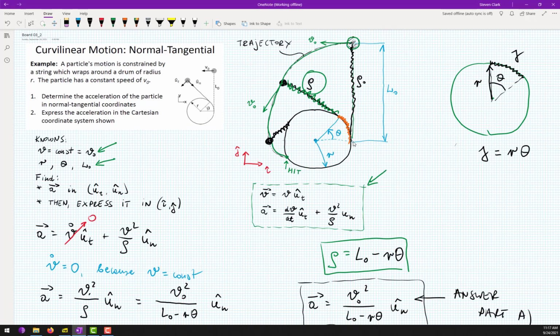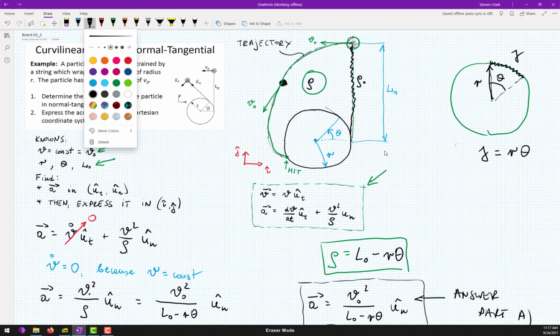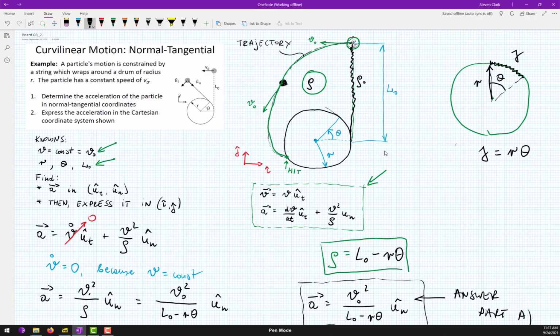Is it Trevor? Why are you measuring rho from the bottom of the length where it's attached to the barrel instead of the center of the circle? Why? The easiest answer is because this is what it is, but let me explain it.